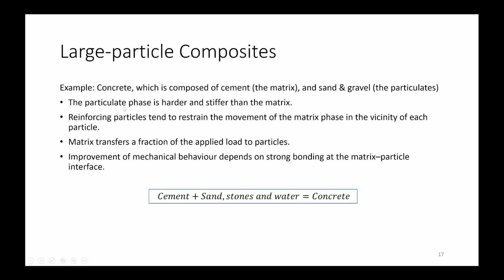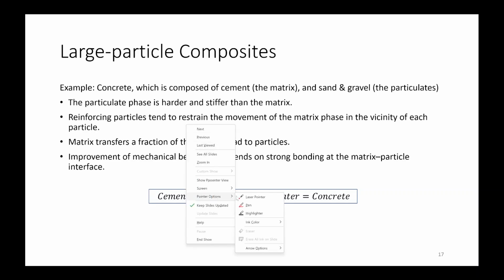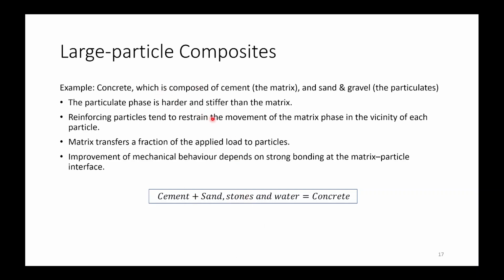Now the particulate phase is harder and stiffer than the matrix, and reinforcing particles tend to restrain the movement of the matrix phase in the vicinity of each particle. Now the matrix transfers a fraction of the applied load to the particles, and improvement of mechanical behavior depends on strong bonding.